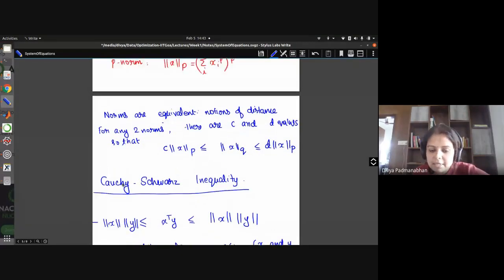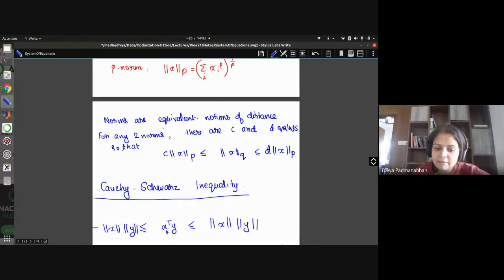We saw intuitively that x transpose y, you could write it as norm x, norm y, cos theta, right? The maximum value of this is going to be norm x times norm y.